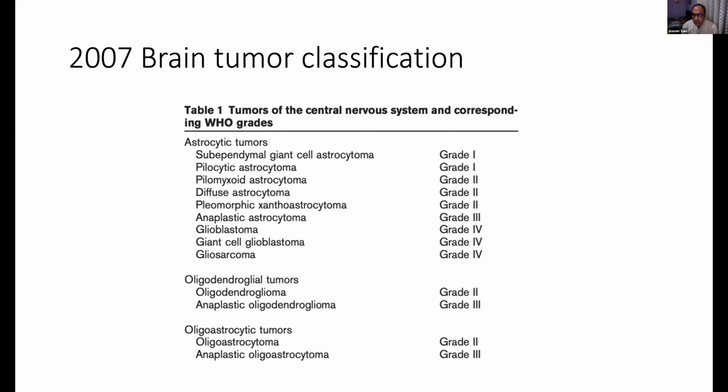All the classification was based on histopathological analysis of tissue removed at surgery or biopsy, classified by morphological features into these entities. The higher the grade, the poorer the prognosis.